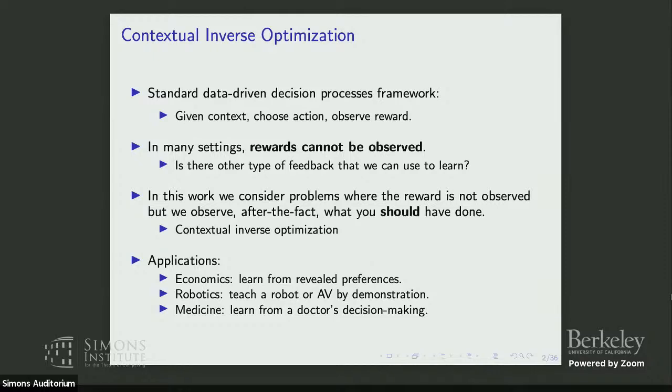So again, the idea here is I'm never going to observe exactly the utility function that I need, but if I chose an arm, I know, no, I picked the wrong arm, I should have picked this arm. And you can think of applying this for medicine too. For many applications in medicine, you don't really know if a medicine worked or didn't work, right? The doctor prescribed something, but you can tell a robot, no, you prescribed the wrong thing, you should have prescribed this instead.